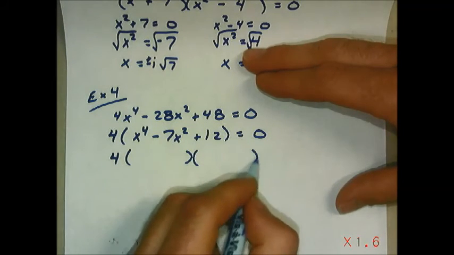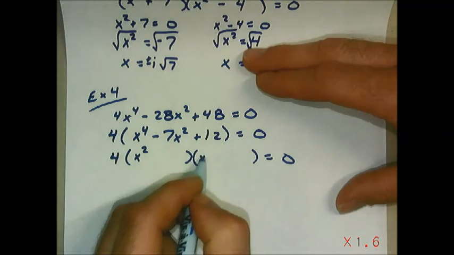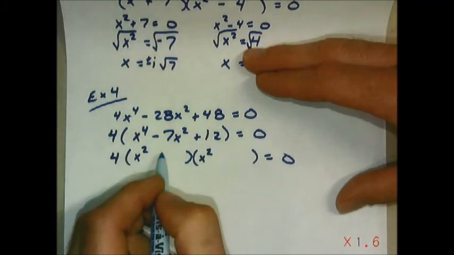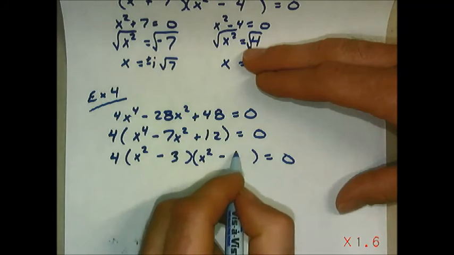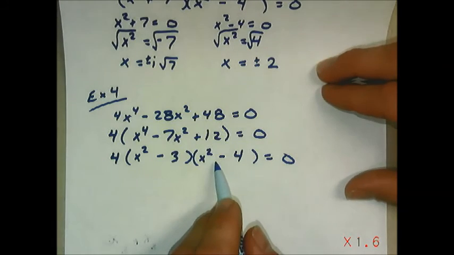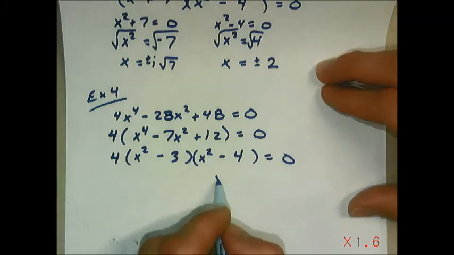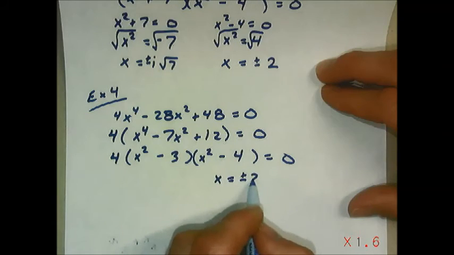Looking at each of these factored, we can take x to the 4th and break it up to x squared and x squared. We can break up our 12 into minus 3 and minus 4. When we just looked at x squared minus 4, setting it equal to 0, we end up with x equals plus or minus 2. And we'll end up with the same thing here.